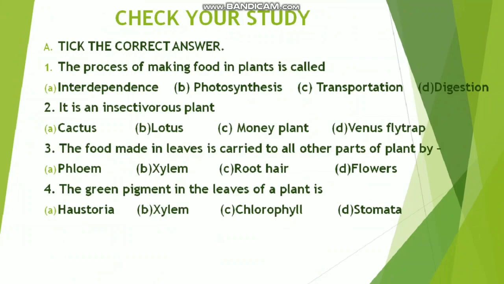Our first question is, choose the correct answer. What is the process of making food in plants called? It is called photosynthesis. Which plants eat insects: cactus, lotus, money plant, Venus flytrap?